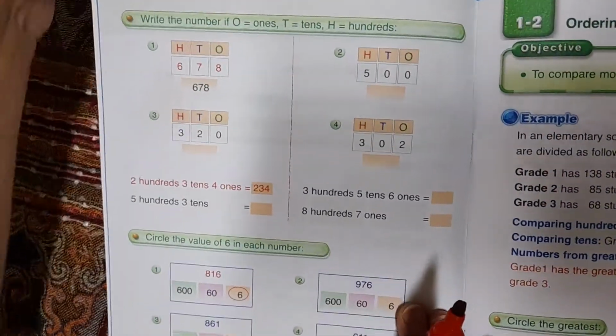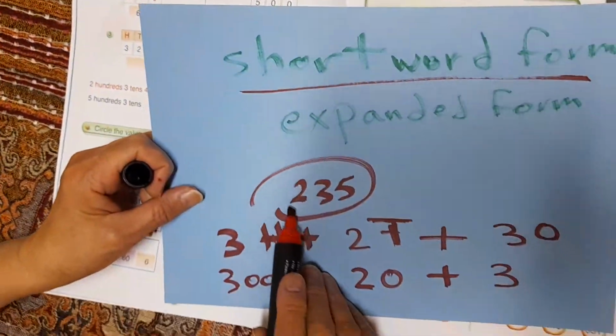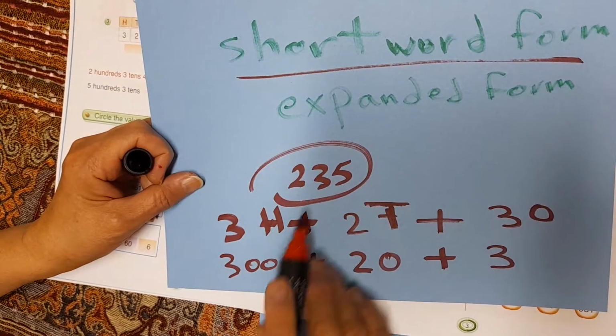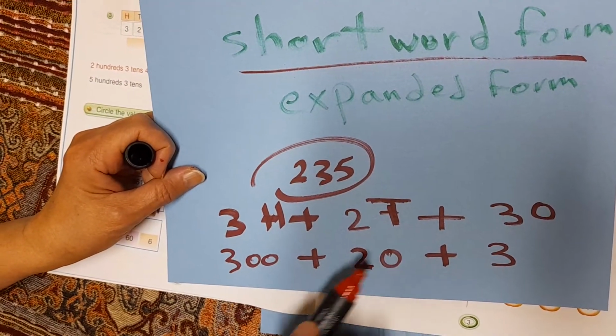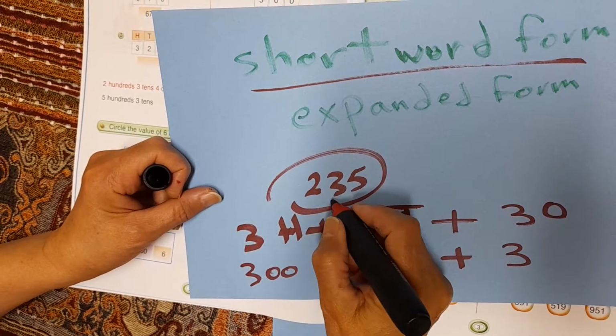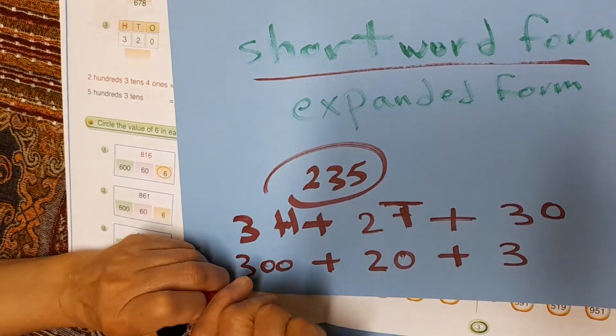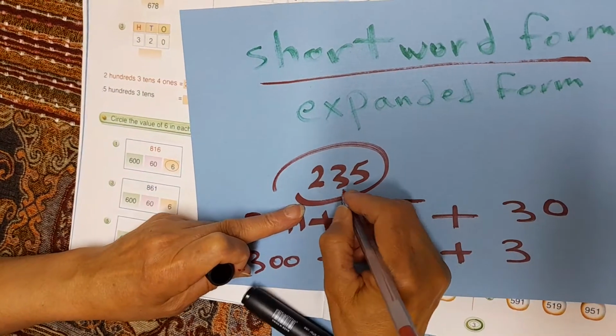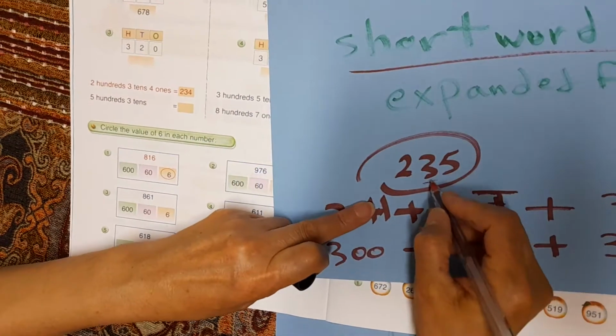Now, sometimes they will give you a number and they don't want you to write the whole value of each digit. They only want a special digit. For example, if they underline the 3 for you, okay? And they ask, what is the value of the 3?